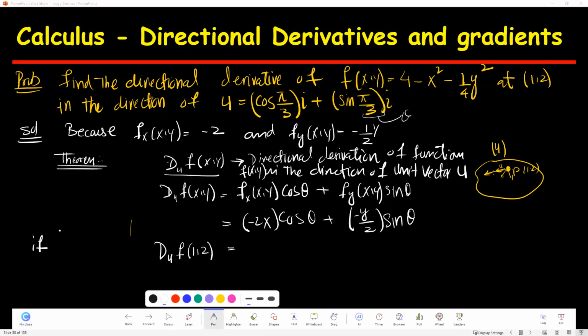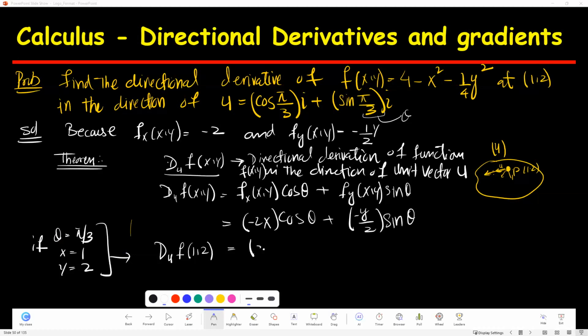If theta equals pi over 3, x equals 1, y equals 2. These are the things I'm going to substitute into the value.